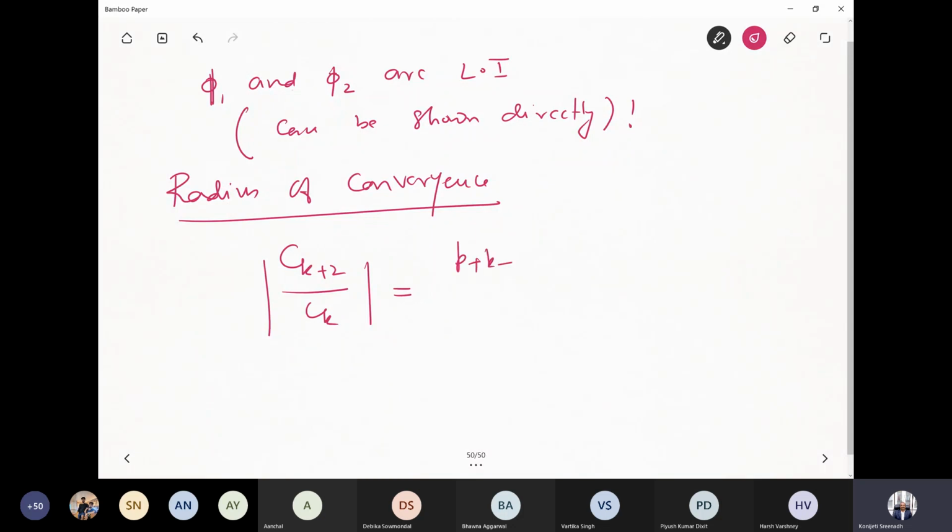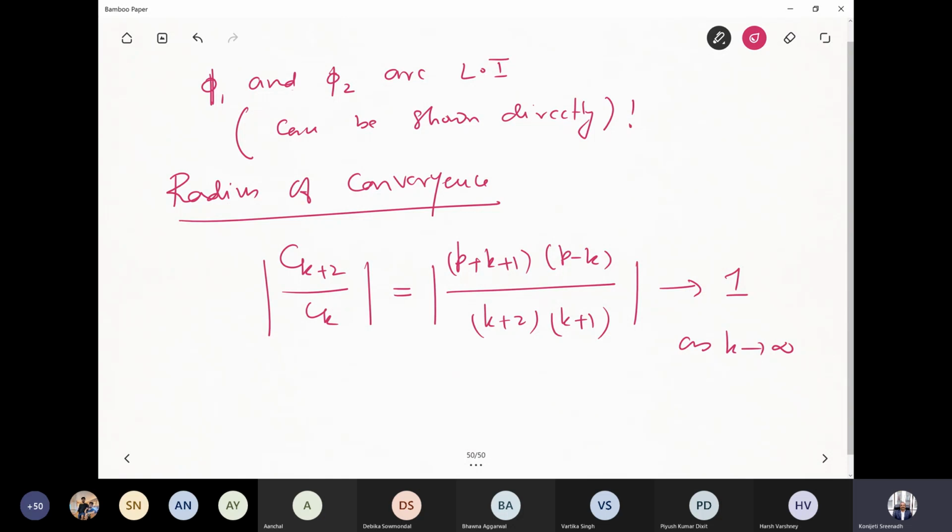So (p plus k plus 1) into (p minus k minus 1) over (k plus 1), right? So now you can see that this actually is a quadratic. You can take k square as a common factor, and then you see that this actually goes to 1 as k tends to infinity.